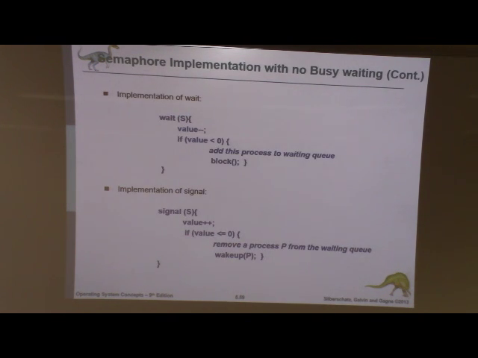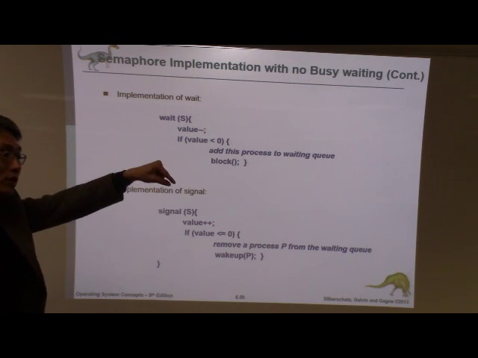This is the prototype, the structure of the semaphore without busy waiting. We can see the value can go negative. This is the same, however we now maintain the waiting queue. In the case of wait, first we block: put the process on the list.